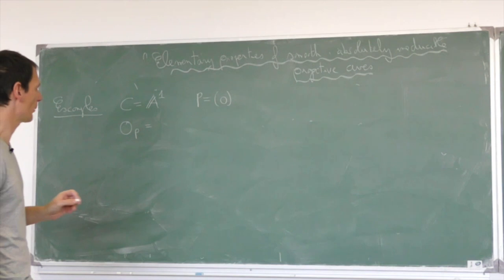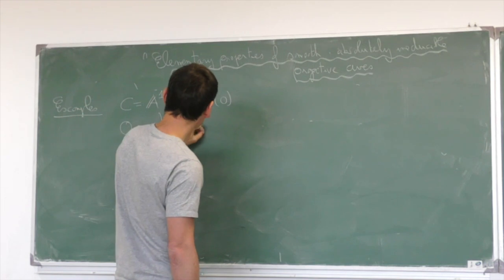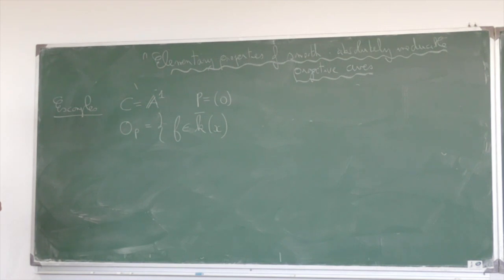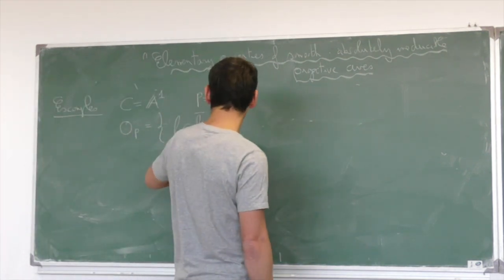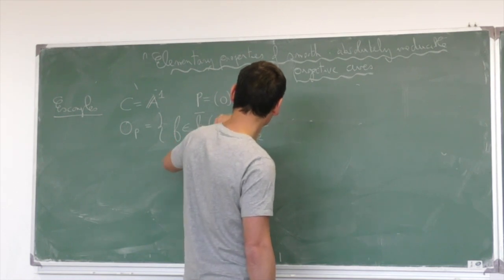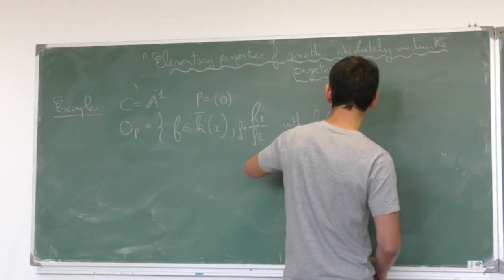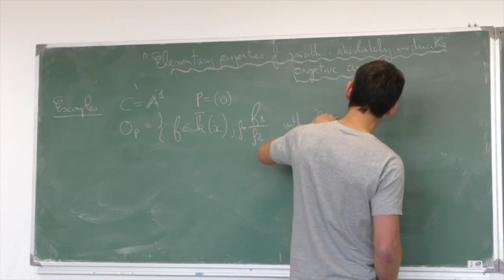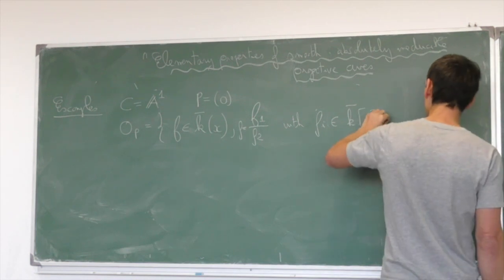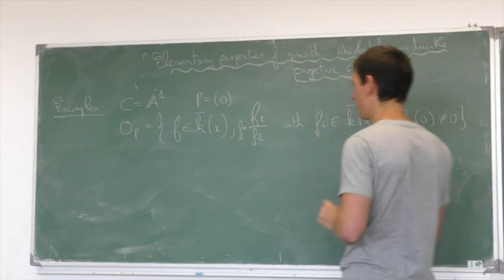O_P is the set of rational functions which are of the form f1 over f2, with f1 and f2 inside the polynomial ring in one variable, and f2 at 0 is different from 0.